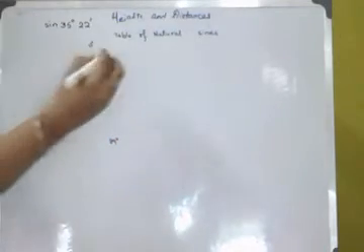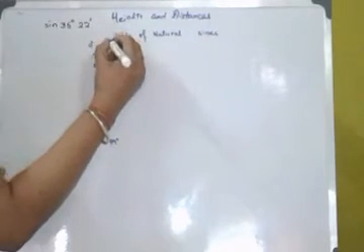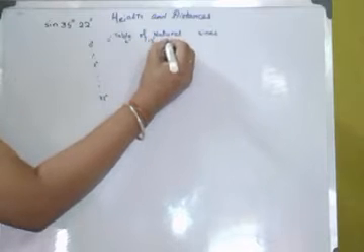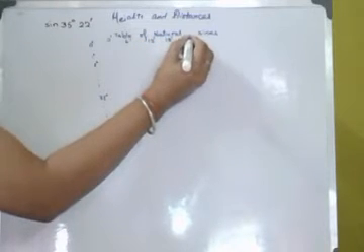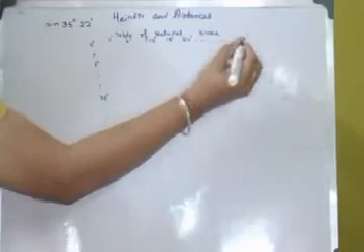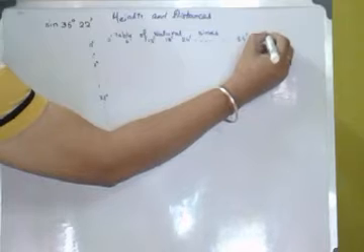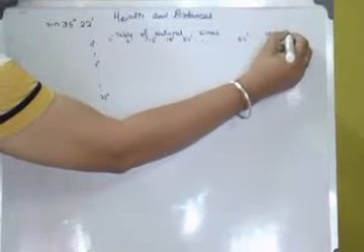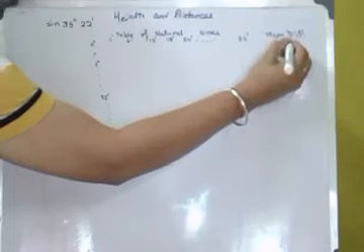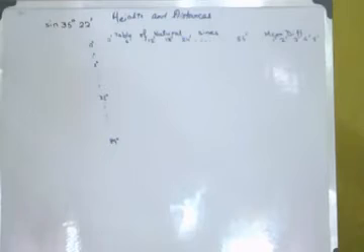Horizontally some minutes are given, that is multiples of 6: 0, 6, 12, 18, 24, like this, up to 54 minutes. And mean difference is given: 1 minute, 2 minutes, 3, 4 and 5 minutes.